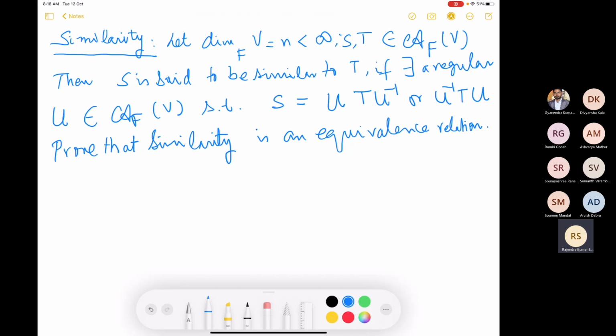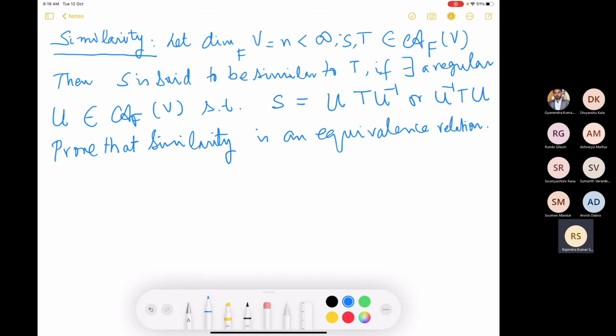A relation is said to be an equivalence if it has the property of being reflexive, symmetric, and transitive, and it is easy for you to verify that this is an equivalence relation.